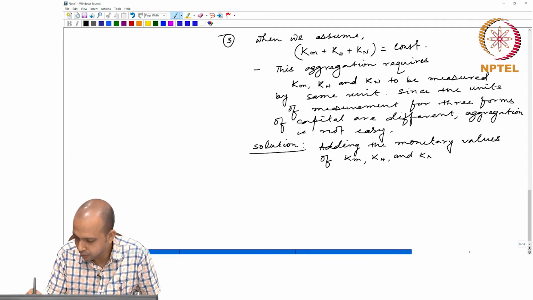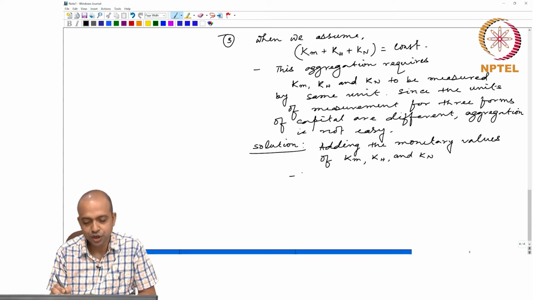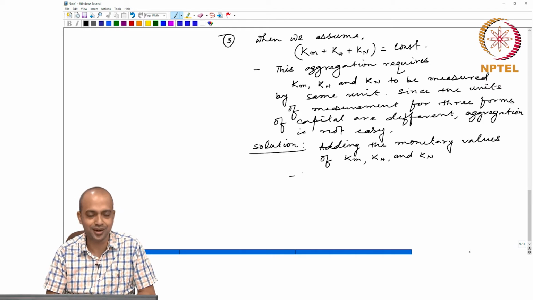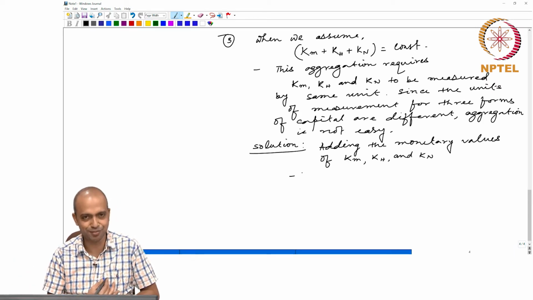But again, while getting monetary values for Km, and for Kh also to some extent, is possible, getting a monetary value for Kn is again difficult, because there is no direct market for natural capital.